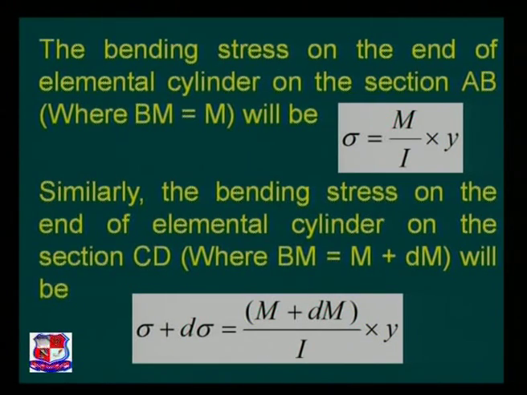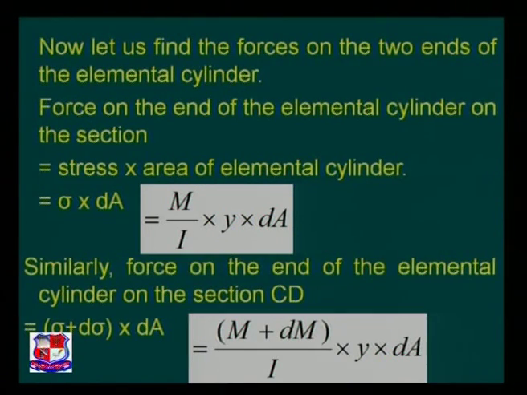While the bending stress on the end of the elemental cylinder at section CD, where the bending moment is M plus dM, will be sigma plus d sigma is equal to M plus dM divided by I into y. Now let us find the forces on the two ends of the elemental cylinder.